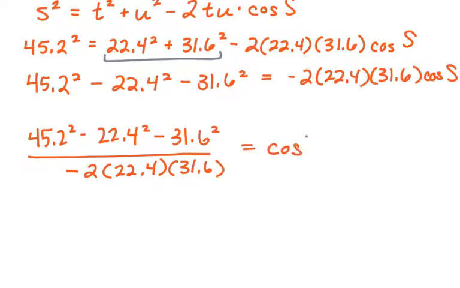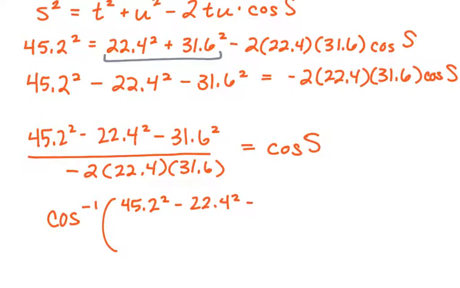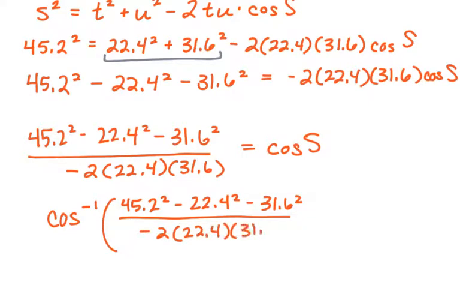That's equal to cosine of capital S. Now, in the effort to isolate S, we're going to use the inverse operation to move cosine to the other side. So we have cosine inverse of the quantity, my argument here, is 45.2 squared minus 22.4 squared minus 31.6 squared, all divided by negative 2 times 22.4 times 31.6.